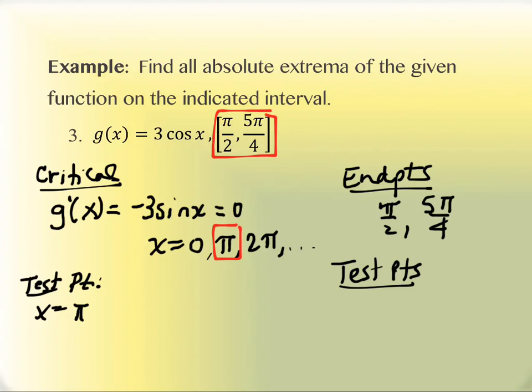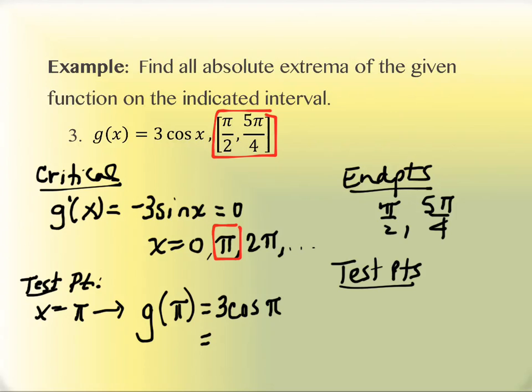What do I mean when I say I'm going to test these points? When I test these points, I'm going to figure out what the y value is at that x value. That is, what is g of pi? And g of x was 3 cosine, so this is 3 cosine of pi. We're back to the unit circle, aren't we? What is 3 cosine of pi?